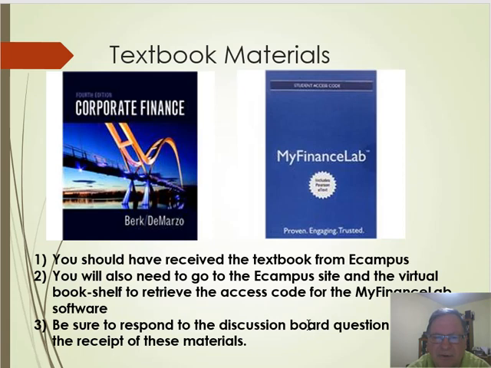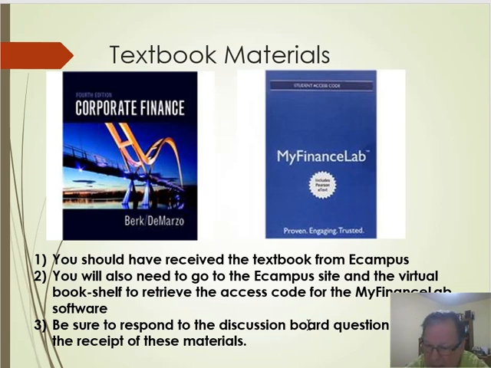The primary textbook is Corporate Finance by Berk and DeMarzo. You should have received this from eCampus. You also need to go to the eCampus site and the virtual bookshelf to retrieve the access code for My Finance Lab software.